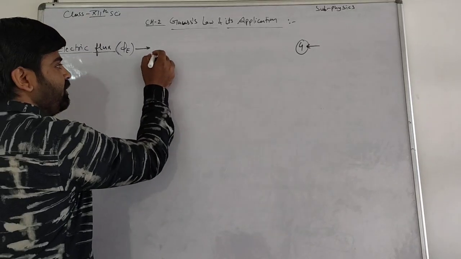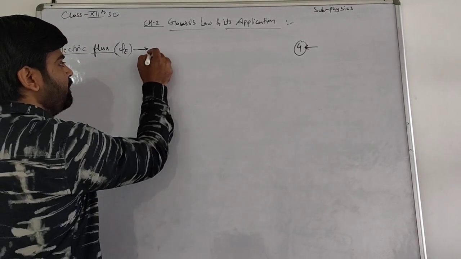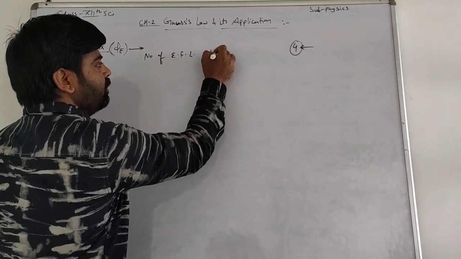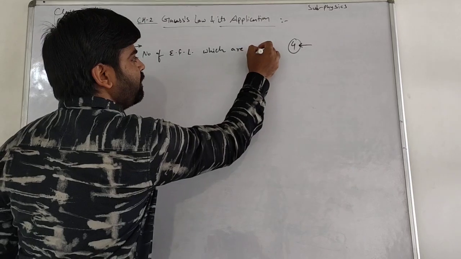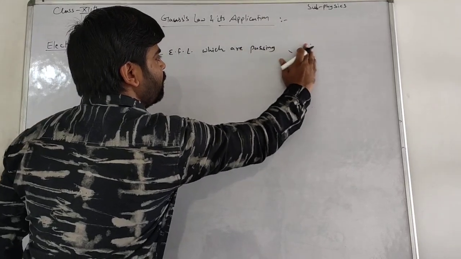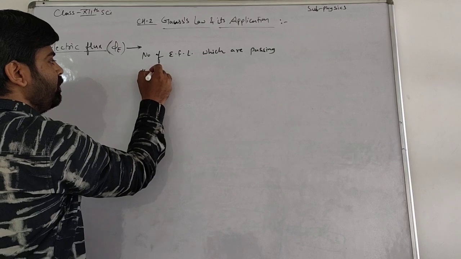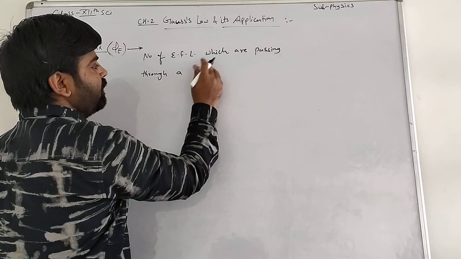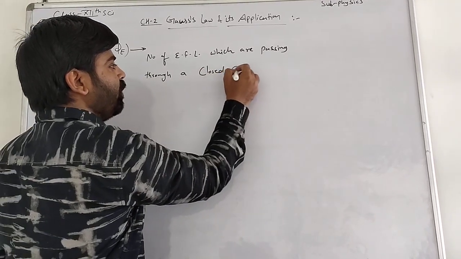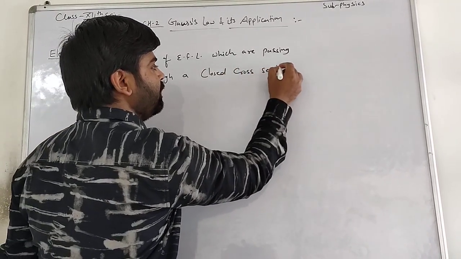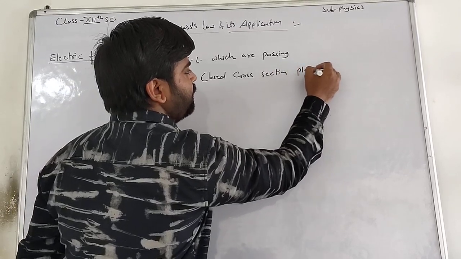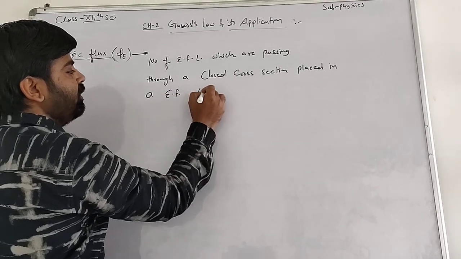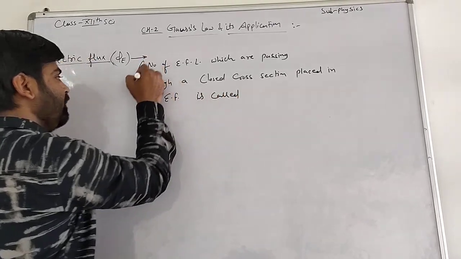The general definition of electric flux is the number of electric field lines which are passing through a closed cross section placed in an electric field is called electric flux.